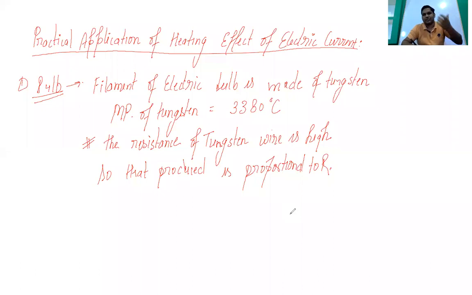We should just remember the electric bulb glows on the basis of the heat produced by that tungsten wire, and it does not melt out because the melting point is quite high.